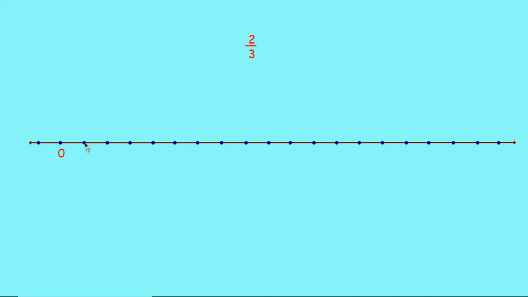So here, take 3 divisions, 1, 2, 3, and the third one we can mark as 1. Now, this one division is divided into 3 parts. Similarly, again you can take 1, 2, 3 and mark it as 2, and take another 3 divisions and mark it as 3, and so on.